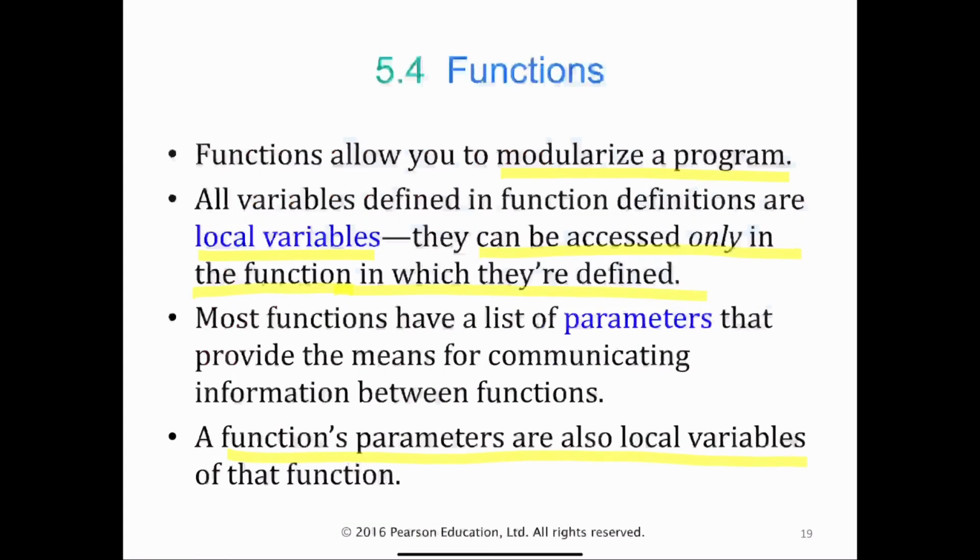So functions allow you to divide up your program into smaller, reusable parts. And inside of each function, it's kind of like a world on its own. You can create your own separate variables inside a function. Those variables are called local variables, and they are only accessible, visible, inside of that function, not from the outside.